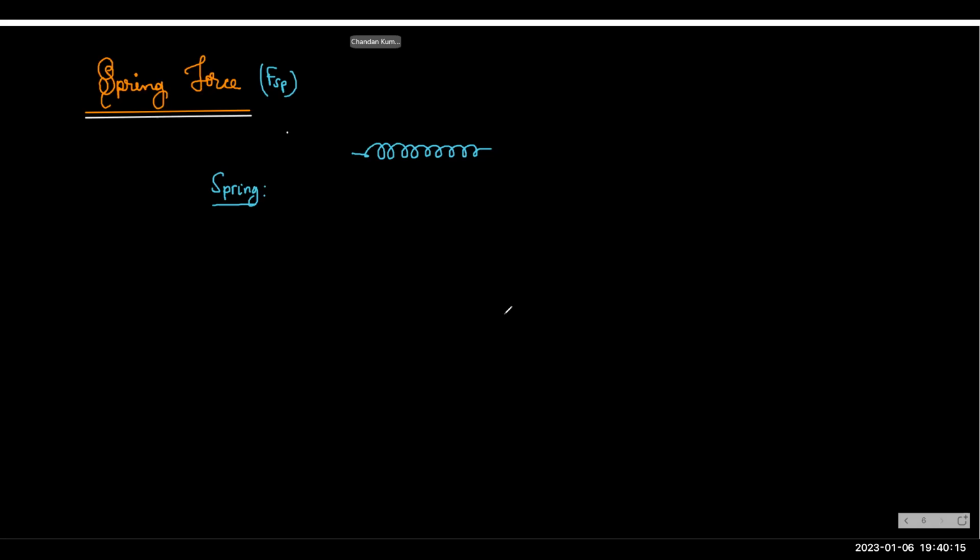In a bicycle also we have the shocker, or shock absorber, actually what we call. So you have seen this spring everywhere, but what is the definition of spring? And does it need to be this particular shape only? The answer is of course no. You can have a spring like this. You can have a spring like this. You can have a spring like this.